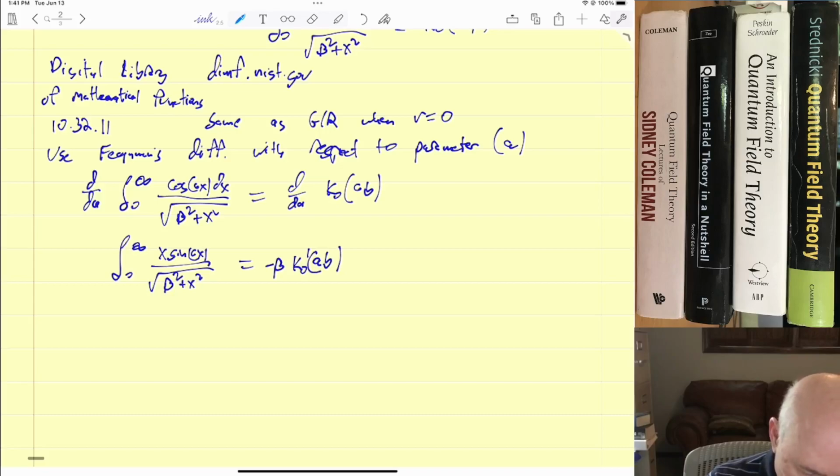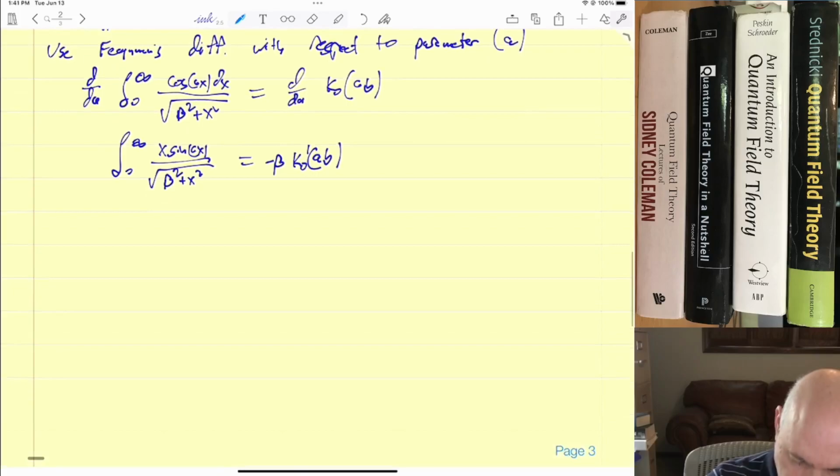And now we just got to figure out how to manipulate derivatives of Bessel functions of various orders. So my suggestion is, if you don't remember these things, use your favorite math methods textbook.